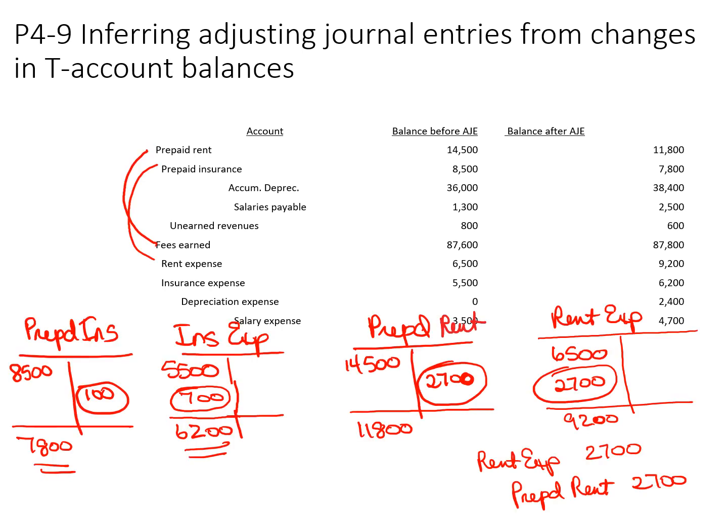All right, with prepaid insurance, we'll start with prepaid insurance. Prepaid insurance before was $8,500 and $7,800 afterwards. So that means we used some insurance, or some insurance expired. And if I look at the insurance expense account, it went from $5,500 to $6,200, which is $700.